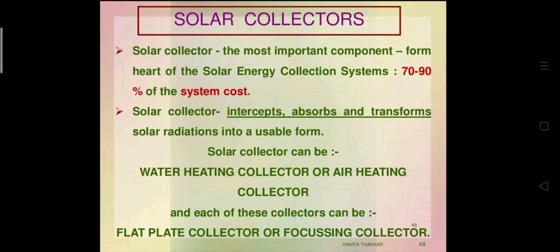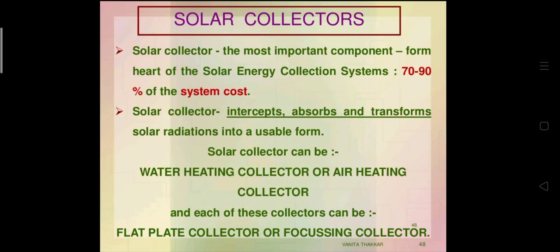And next are the solar collectors. How are these solar collectors used? The solar collector is the most important component in the solar heat energy collection system, 70 to 90% of the system cost.